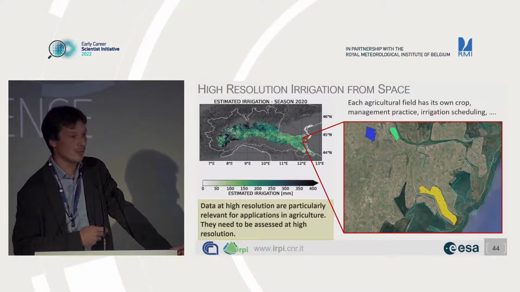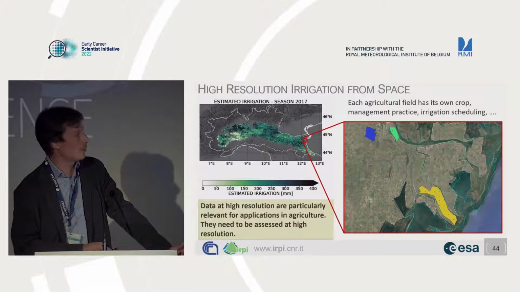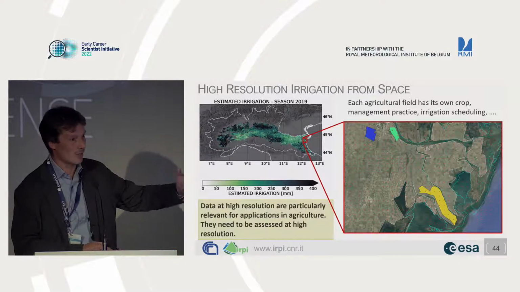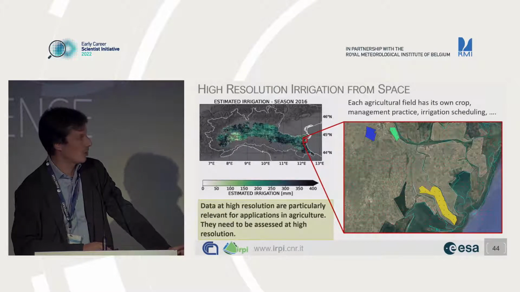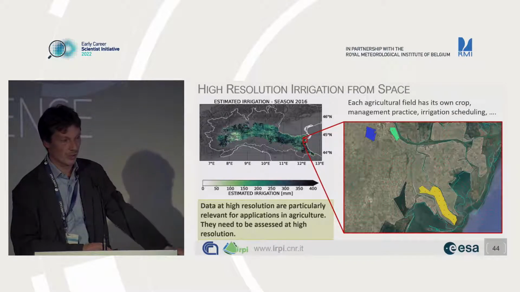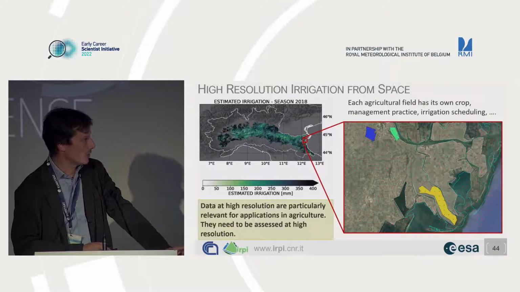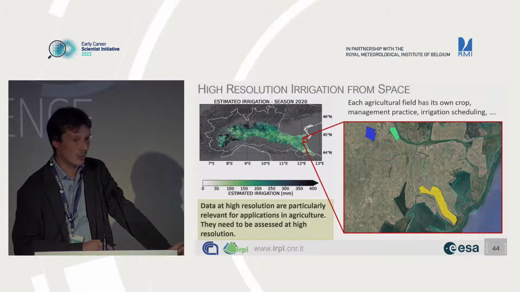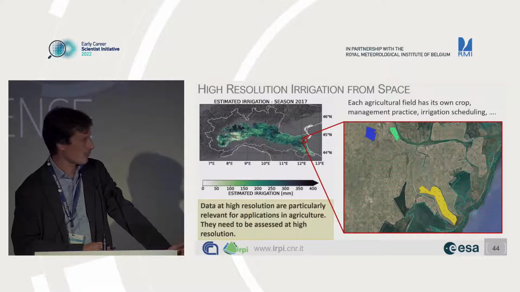We have them from space, but really to tell them that these data are accurate is a challenge. But if you go on the ground, people want this kind of information. So it's really challenging, but this is something that we can start to understand where we are.